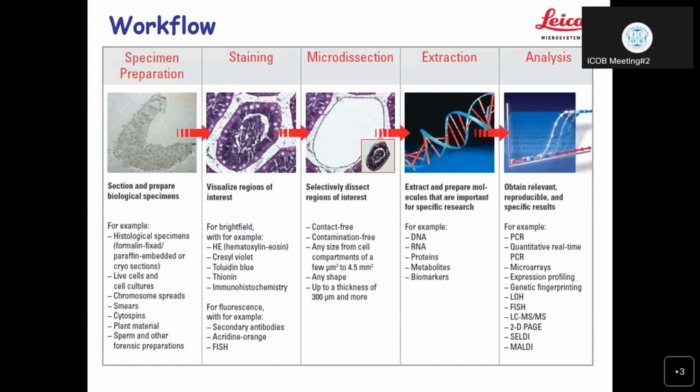Afterwards, the sample is stained, for example for bright field illumination with a chromogenic staining, followed by the dissection of the region of interest with the LMD system. Then, the dissectates are prepared for further downstream analysis for DNA, RNA, protein, and analyzed, for example, with PCR.